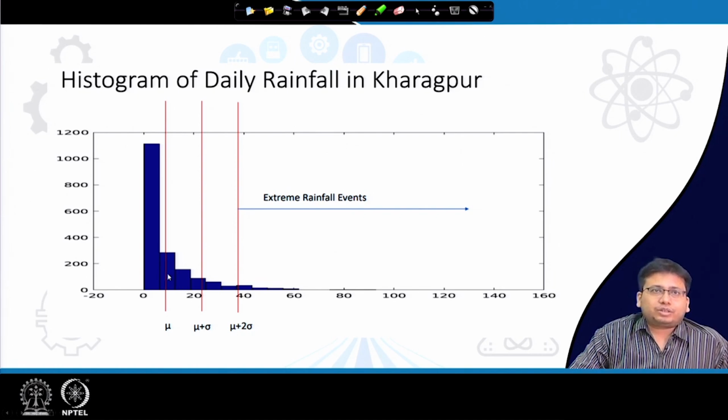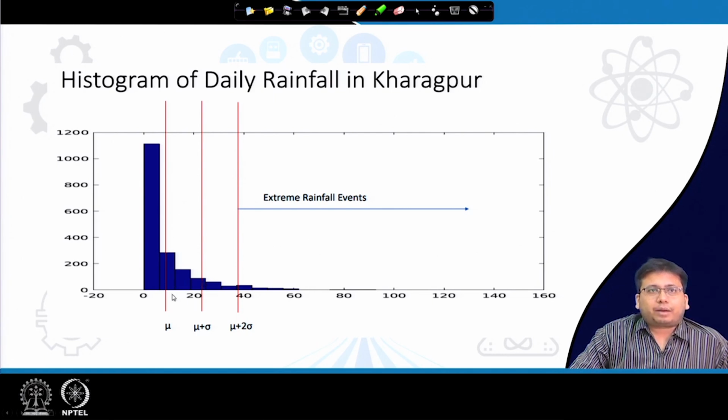On this kind of a histogram, let us put the value of mu, the climatology. As we already said, that value is 9.13. Here we have drawn this red vertical bar to indicate that these are the negative anomaly events, and these are the positive anomaly events.